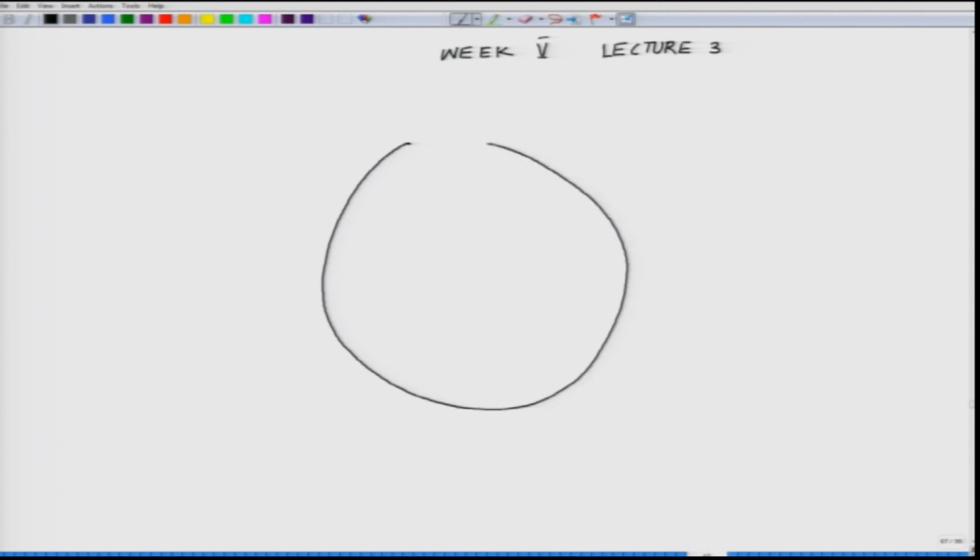So, today we are into week 5, lecture 3. What I told you is, if this is the cell, then you have these gates, or gates like this, which will allow passage.